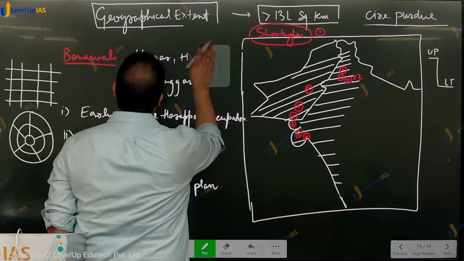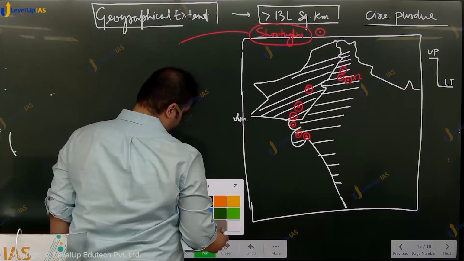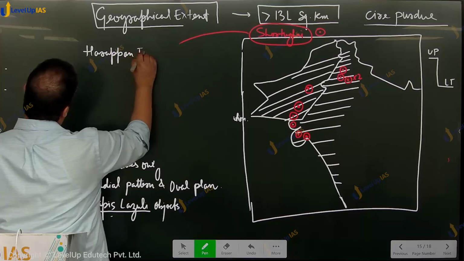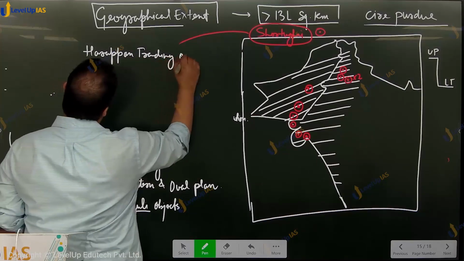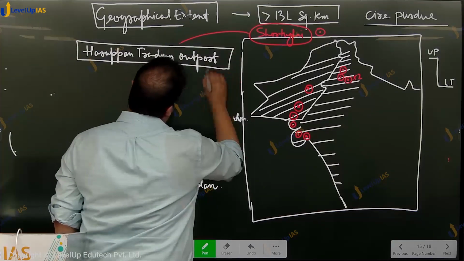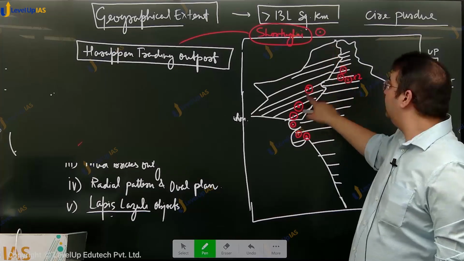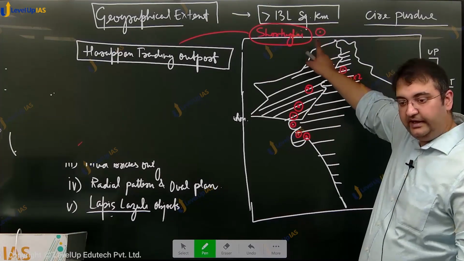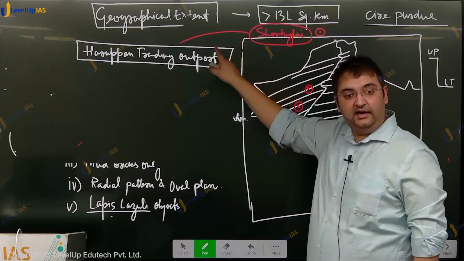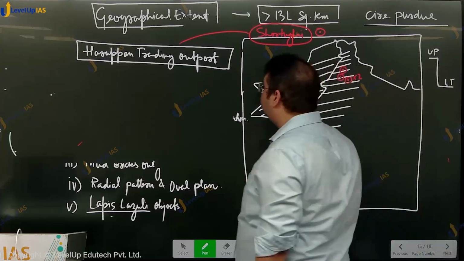This was a Harappan trading outpost. ठीक है, so this was an important hub for Harappan trade with not only Afghanistan and the rest of Central Asia, but it was also an important crossroads which connected to the trade routes connecting India and the Persian civilization and the Mesopotamian civilization after that. ठीक है, so it was a Harappan trading outpost.